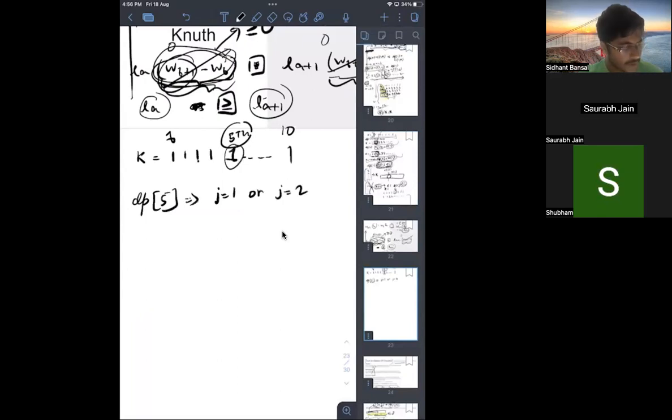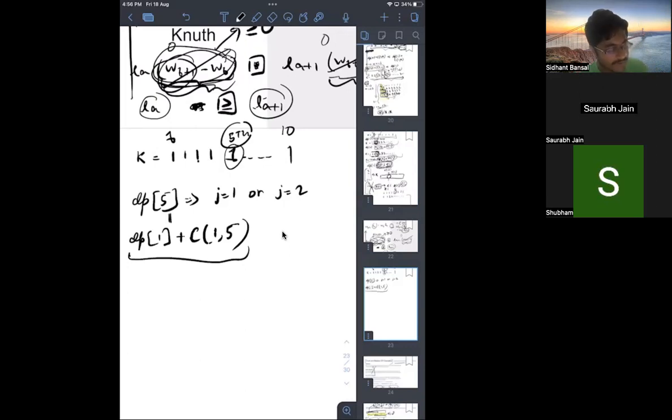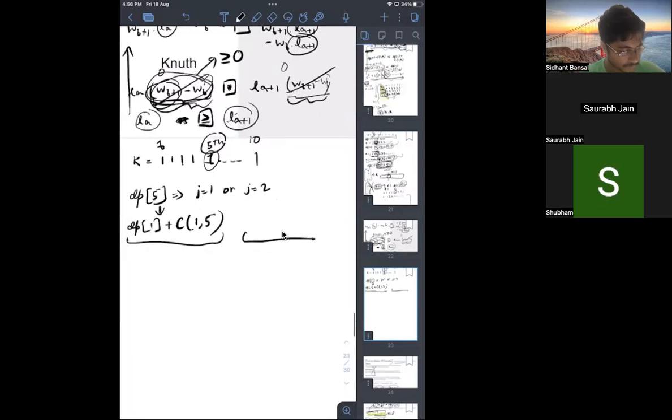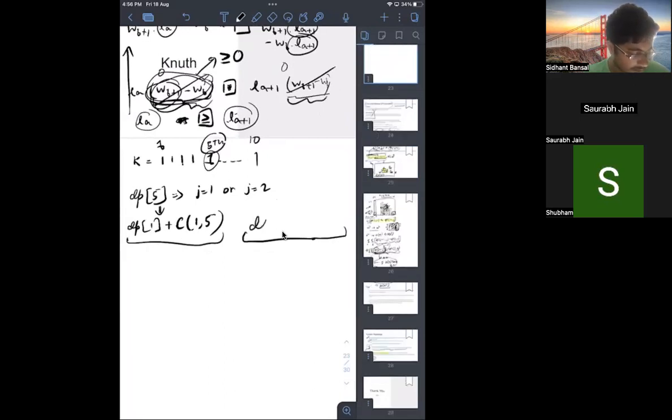Since this is a minimizing DP, you'll compare DP1 plus cost of 1 to 5. What is this LHS? It's basically what the value of DP5 would have been had you used J equal 1 as your cutting point. Or your RHS, which is DP2 plus cost of 2 to 5, or whatever you want to call it.